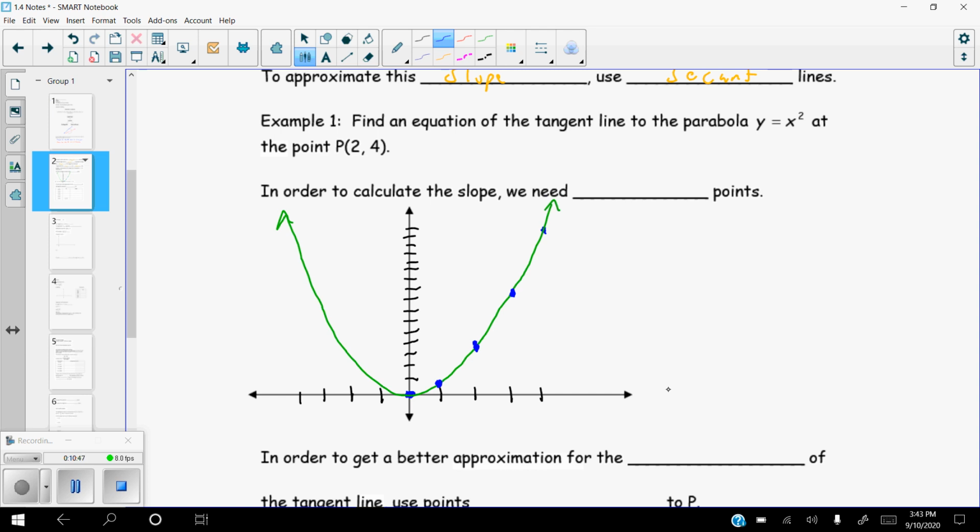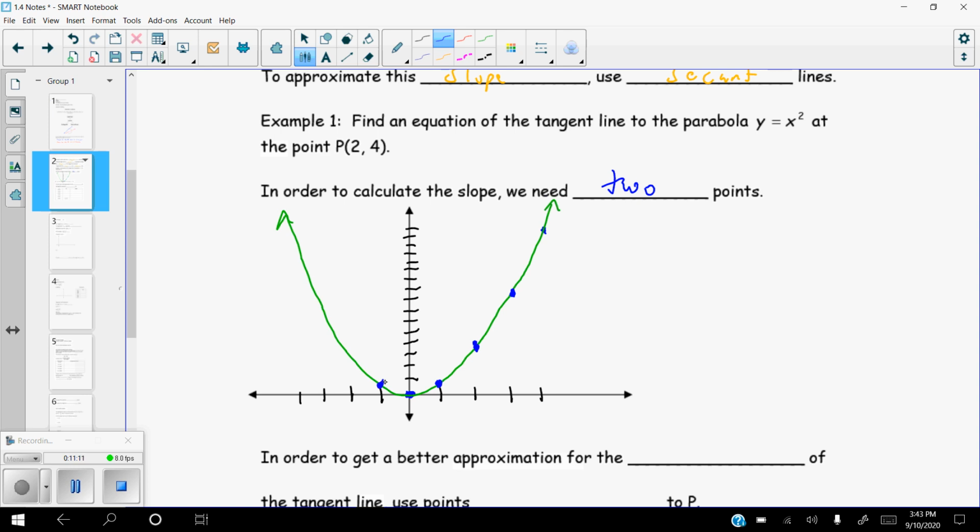Now we can take a look at what's happening. In order to find the slope of any line, no matter what the line is, you need 2 points. Let's say I'm going to draw another dot down there at -1, 1.